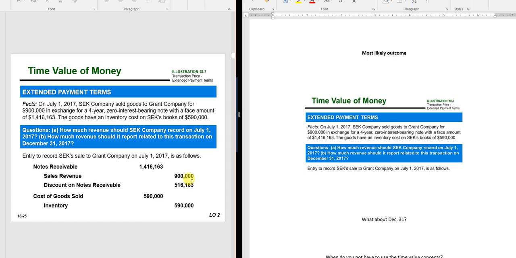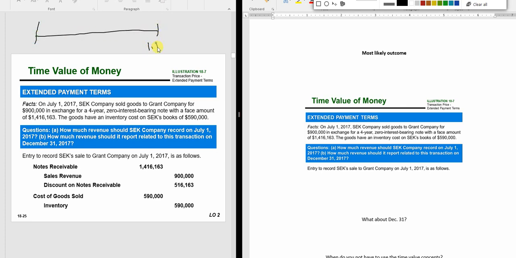So notice they gave me the amount for the goods. If I didn't have the amount for the goods, I'd draw out my little timeline. I have $1,416,000 there. It says a 4-year zero interest-bearing note, but I would have to know what the market rate of interest is. I'm going to completely make up this interest rate, but let's say I have borrowed other money at 10% interest, so I'd bring it back by the present value.